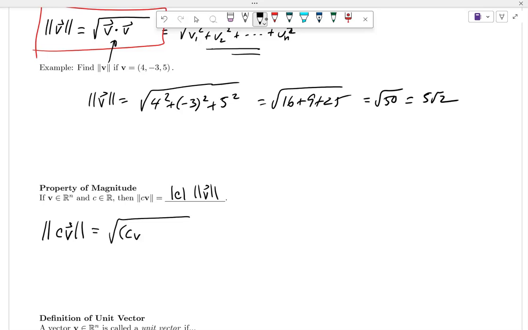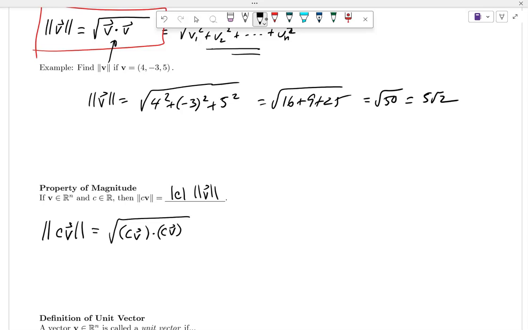Yeah, the cV dotted with the cV, right? The definition is the square root of the dot product with itself. That is the definition, so that's how I want to do it. What you said would work for the Euclidean inner product, but I want to try to do it generally if I can.